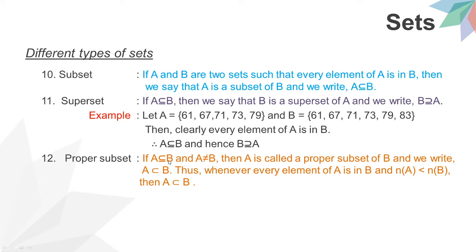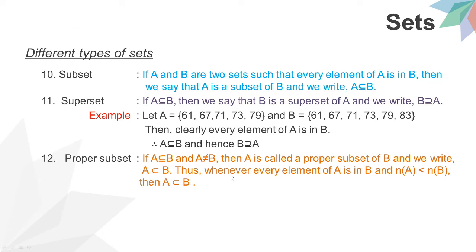But A is a subset, okay, this is a subset. And A is not equal to B. Why is A not equal to B? Let's see. Then A is called a proper subset of B and we write A proper subset of B. This is a proper subset, this is a subset and this is a superset.